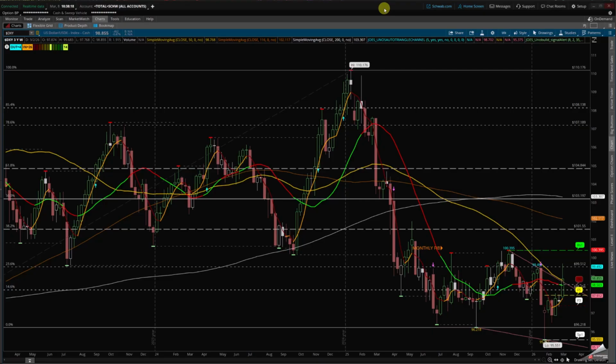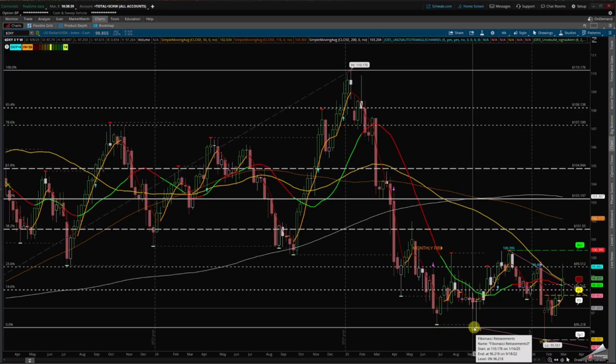I have here the weekly chart on the dollar. In the prior year, we were in the range of 100 all the way to 110. Eventually in 2025, we lost all that gain and came back to the 95 to 96 range. We were consolidating and creating that double bottom.